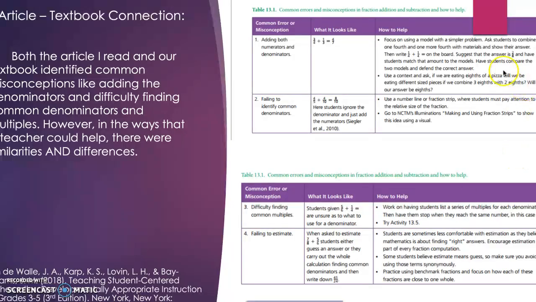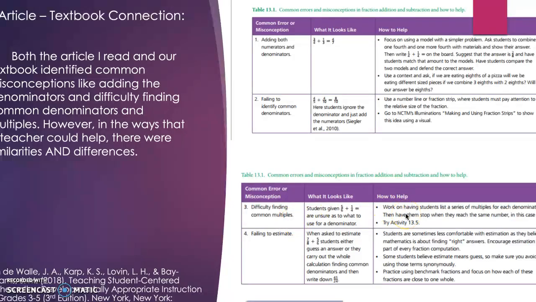So, for example, in the textbook, it talks about using models, of course, to show students a visual representation of what fractions look like. And honestly, they used pizza, and I think that's one of the most common things used. But something that I found that was different is that here it says the misconception is finding difficulties with common multiples.